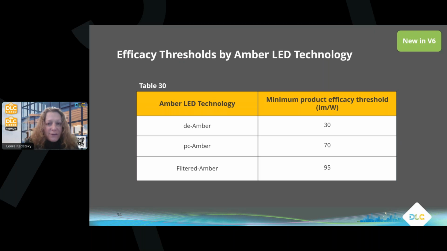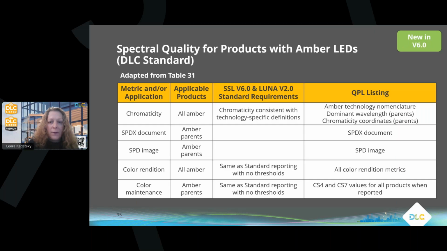In SSL version 6, amber products have their own efficacy thresholds that are the same across all general applications and PUDs. These thresholds were based on market assessments for each type of amber LED technology. Amber LED PUDs also have their own spectral requirements, including chromaticity information, SPDX documents and images, reporting of color rendition metrics, and reporting of color maintenance.